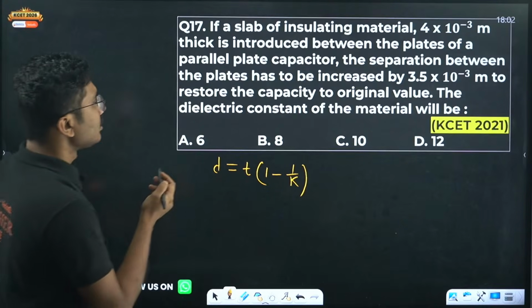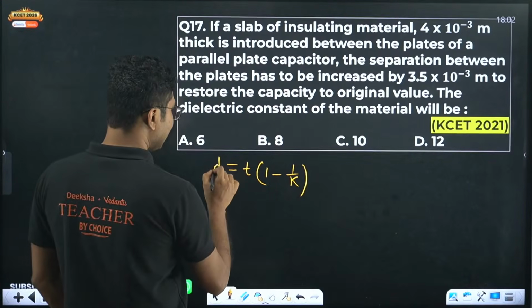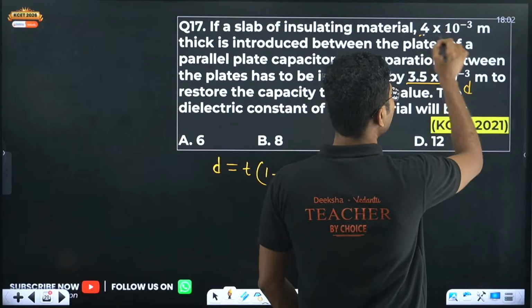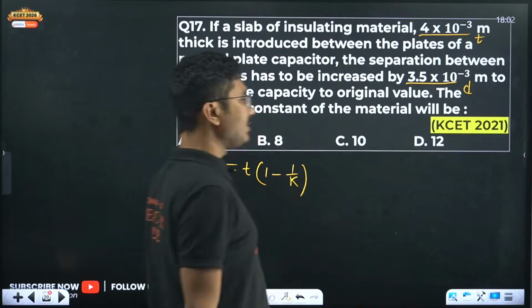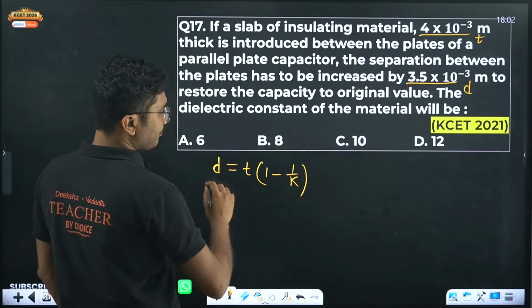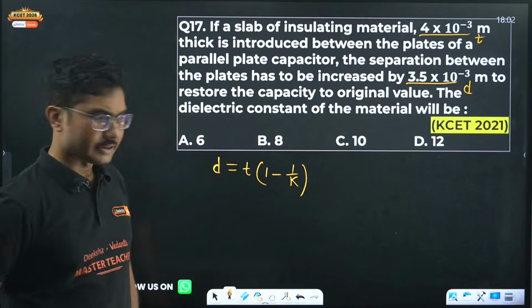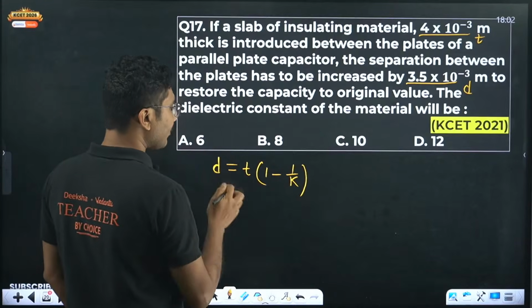Okay, let's see. The distance by which it is increased is this, and the thickness of the dielectric medium is this. So this has to be the increase in thickness to adjust the dielectric constant. This is the shortcut formula that you can use.